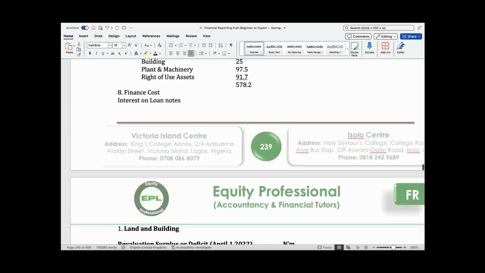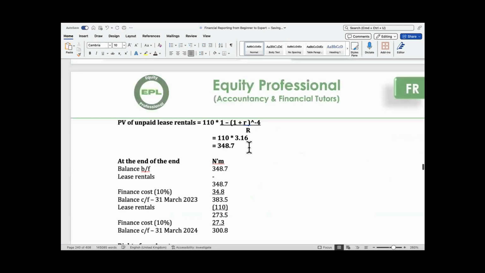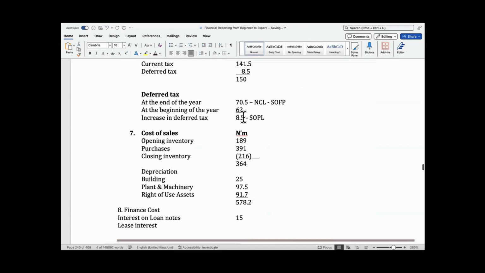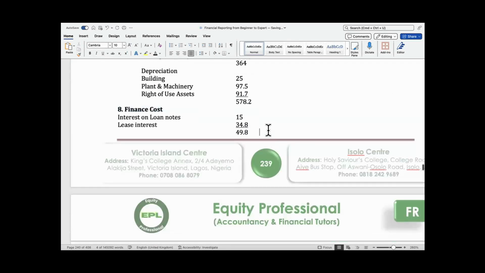And I have lease interest that I computed when I was doing my liability, 34.8. If I sum these two together, that's 49.8. Okay, so I feel that I'm done with my workings now.